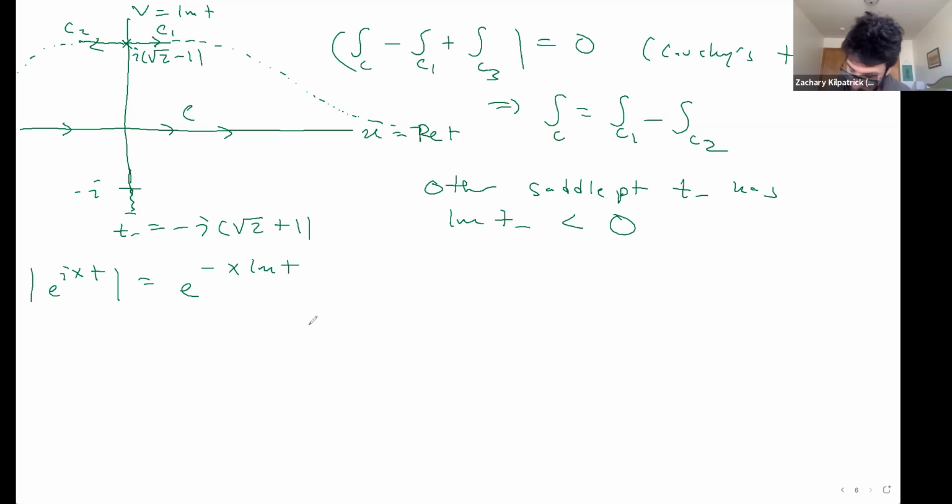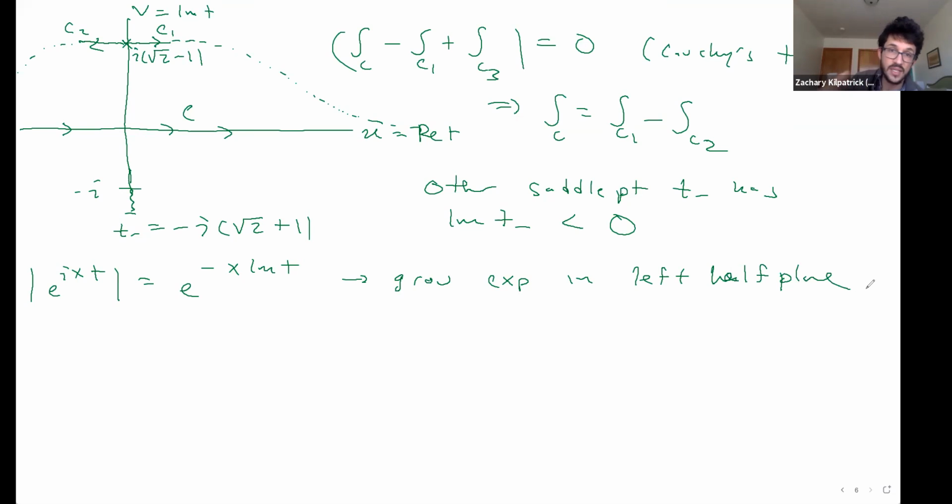And that's going to grow exponentially in the lower half plane, okay? Because if the imaginary part is negative, I get this exponential function that's shooting off, okay?